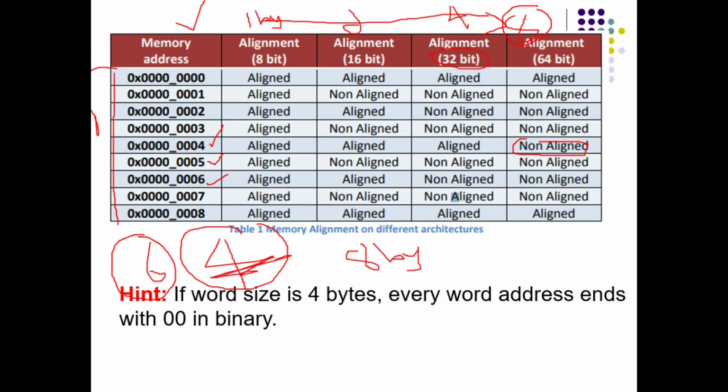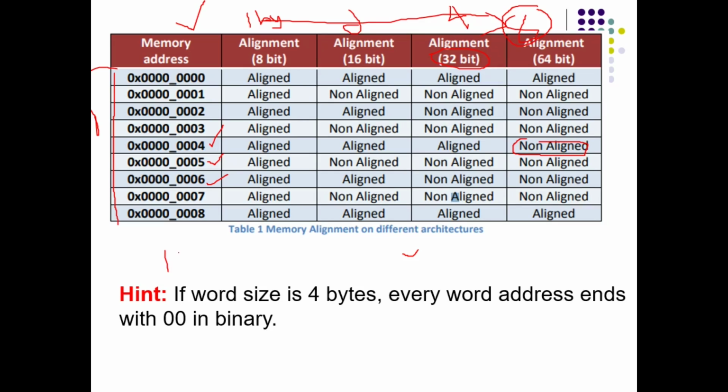So this is just a table. In the exam they might randomly give an address x and word length n, and ask you to check whether it is aligned or not. For example, I'll tell you a word in memory starts at address 1234h, meaning the word address, and the word length is 4 bytes or 32 bits.